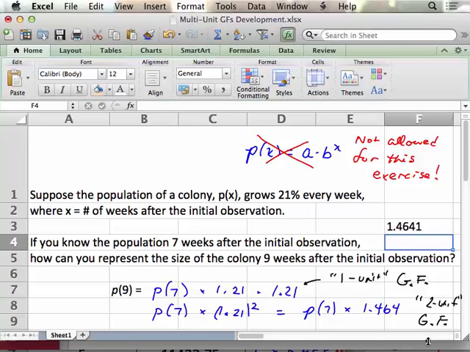So 1.464, it's a multiplier on what to give you what? Tell the person next to you. 1.464, it's a multiplier that multiplies on what kind of thing to get you what? Go, have a conversation.